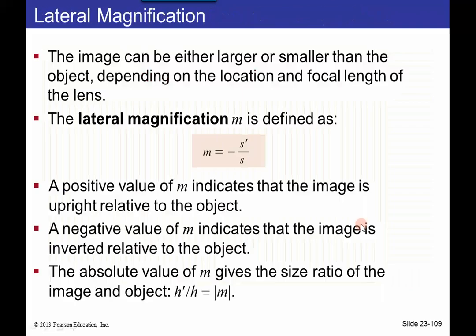This gives you the lateral magnification, and a positive value indicates that the image is upright relative to the object. A negative value indicates the image is inverted relative to the object. And the absolute value gives this ratio here.